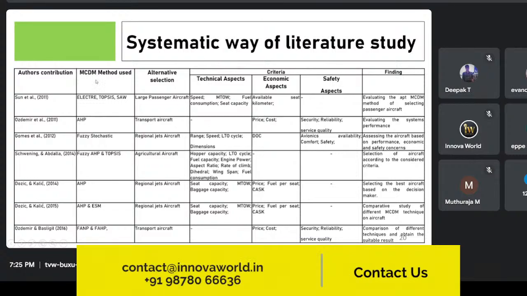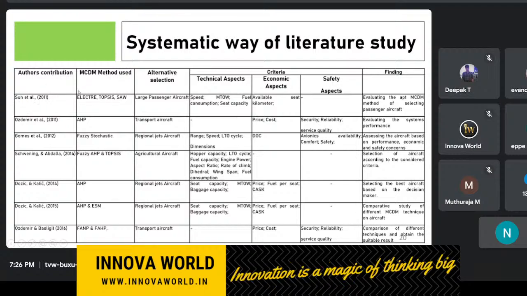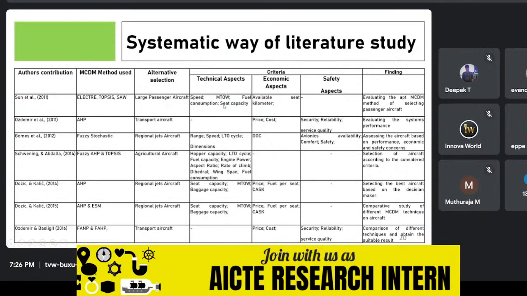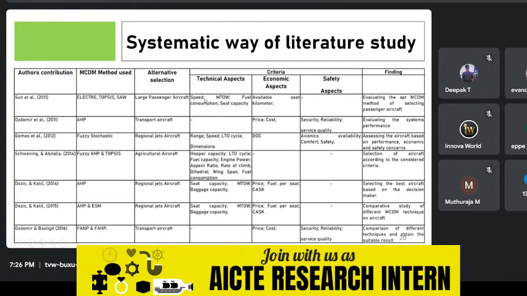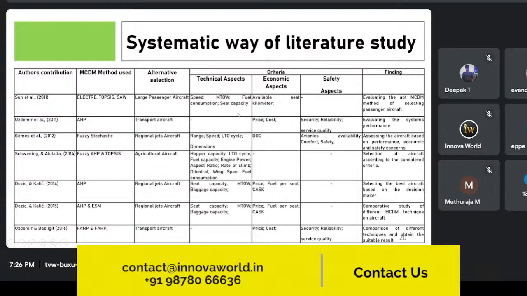Now if I look into this particular table, what I can understand is that this particular author has worked on these approaches, on this particular aircraft, and these are the technical aspects. Aspects means parameters. So these are the technical parameters.